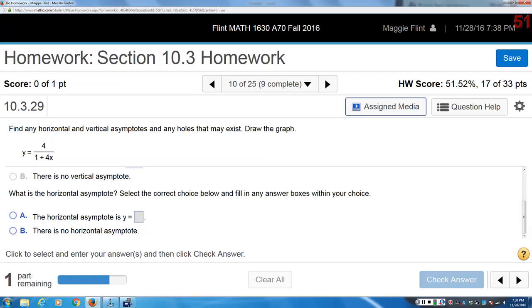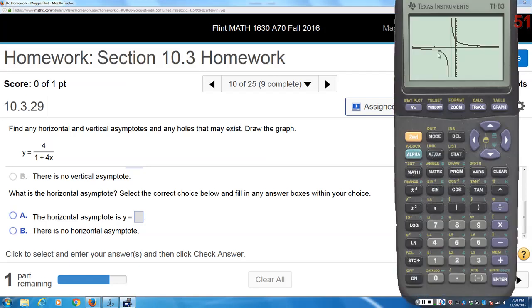And the horizontal asymptote, again, we want to look at the calculator. You can see that it flattens out against the x-axis, and the equation of the x-axis is y equals 0.